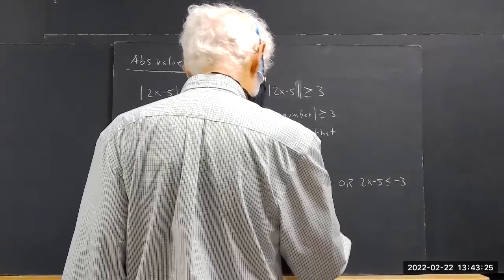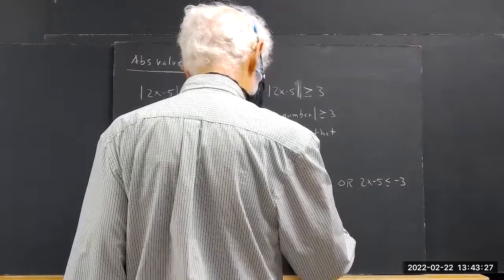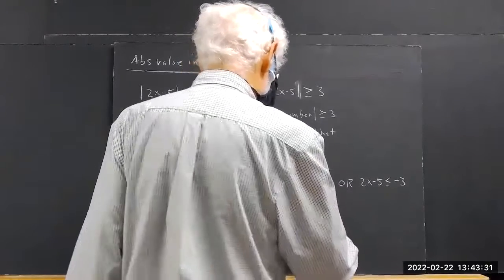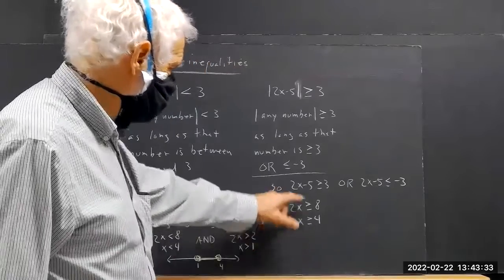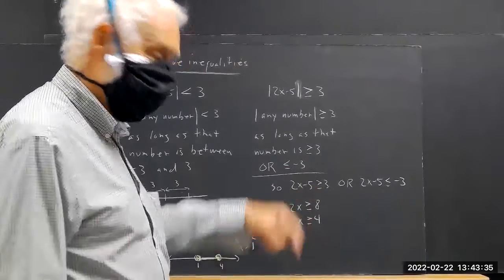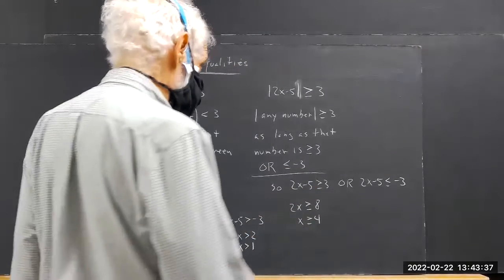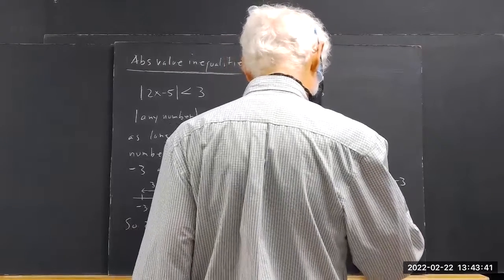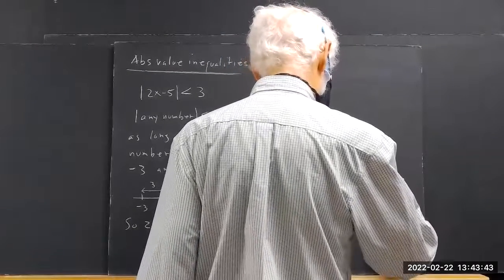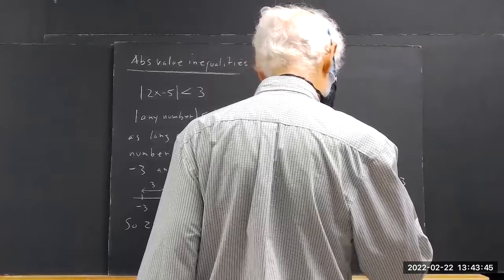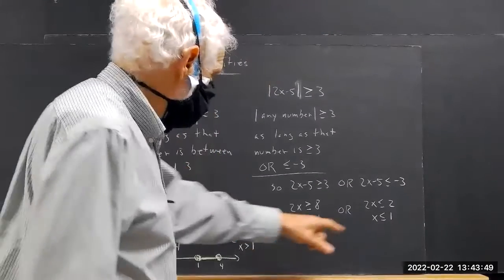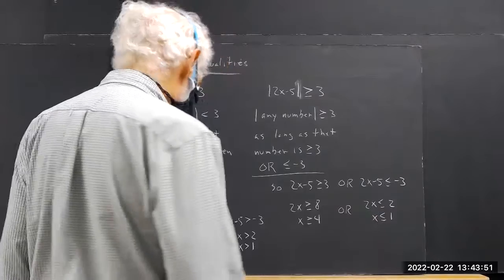We get x greater than or equal to 4 here; just add a 5 to both sides and divide by 2. And here we get x less than or equal to 1.